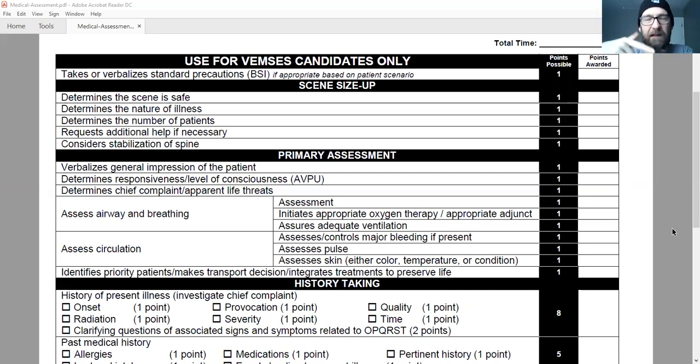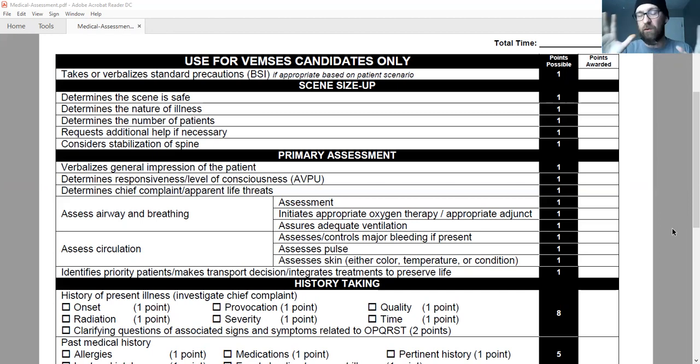Don't do like, okay, I assessed the airway, airway's good. Now let's get to breathing. Work of breathing looks good. And then move on to circulation, and then move back to breathing and put the pulse ox on and figure out oxygen, and then move back to circulation. We don't want to do that. If you do that, it's easy to forget a step. All right. So we want to stay organized and we want to move through this in an orderly fashion.